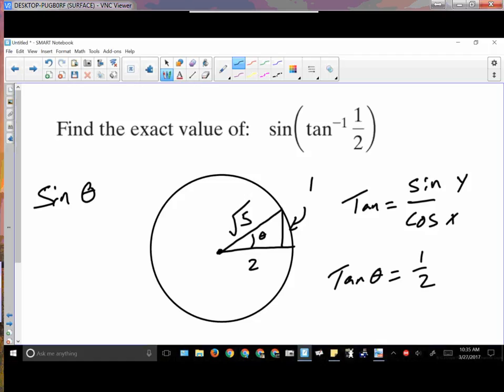Sine is opposite over hypotenuse. So it's going to be 1 over the square root of 5. We can't leave it like that, so it's the square root of 5 on top and the square root of 5 on the bottom. So that means the answer is the square root of 5 over 5.